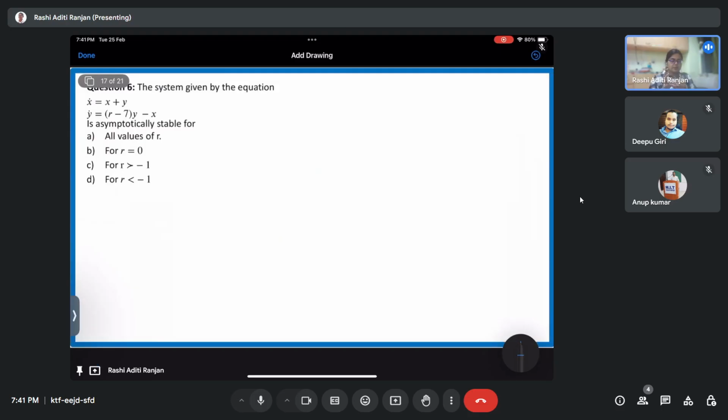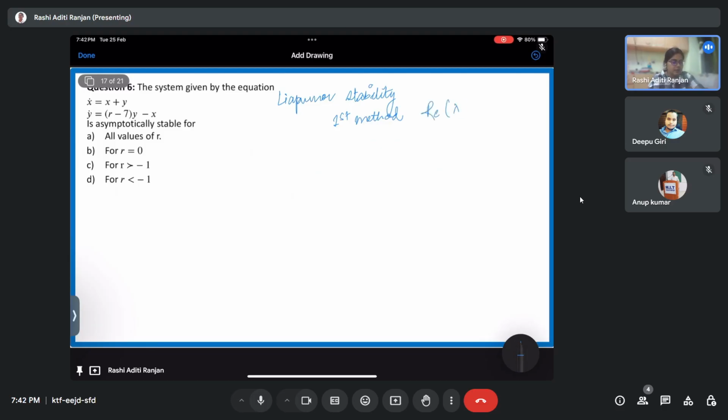The system given by the equation is asymptotically stable. So, if you remember the first method of Lyapunov stability, which was taught in the lecture, it says that if all the real parts of the eigenvalues, whatever be the eigenvalues, are negative, then we say that my system is asymptotically stable.